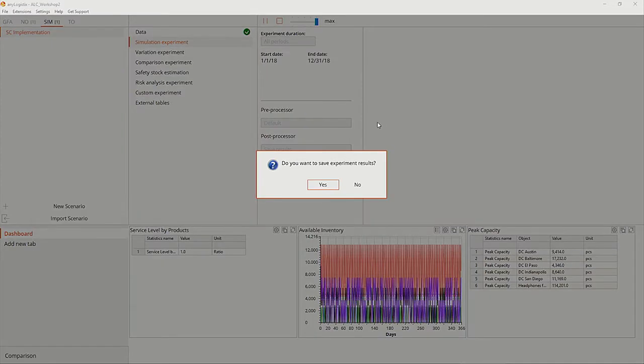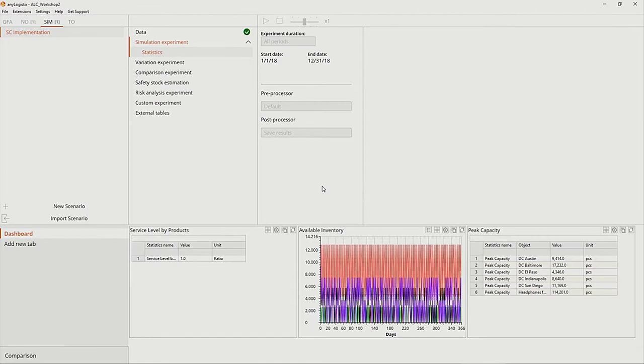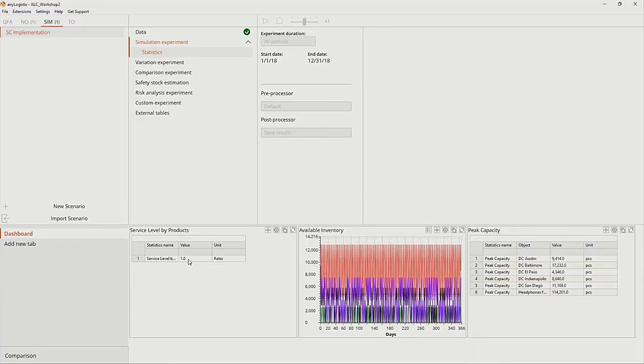After we finished the experiment, we can save the results to the internal database and explore them further. So now we have the ideal behavior of our supply chain. We see that our service level is 100%, and our demand is predefined.